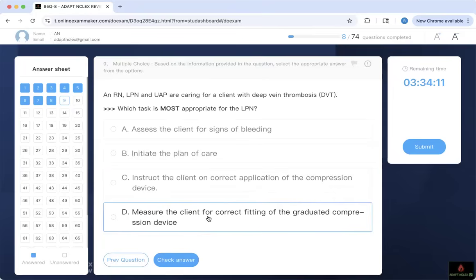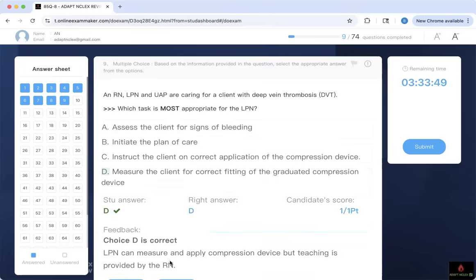You see, it has nothing about evaluation, assessment, and teaching. He's just measuring. They can measure, they can put it on, but for the teaching of that graduated compression device, the initial one has to be provided by the RN, and then the LPN can reinforce. So measure and fit them.